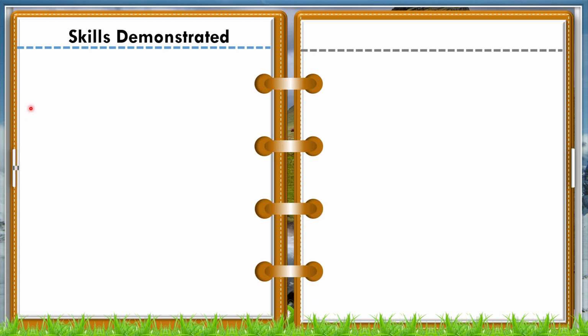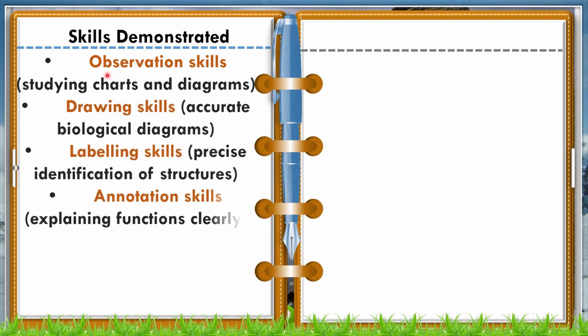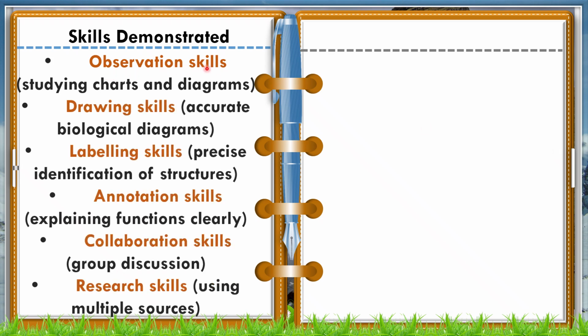What are the skills demonstrated or required to be demonstrated? We have observation skills. You study the chart and the diagrams very well. We have the drawing skills.